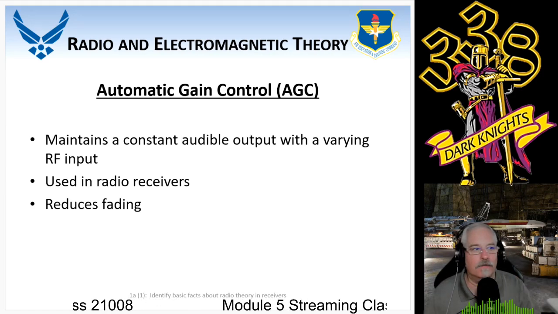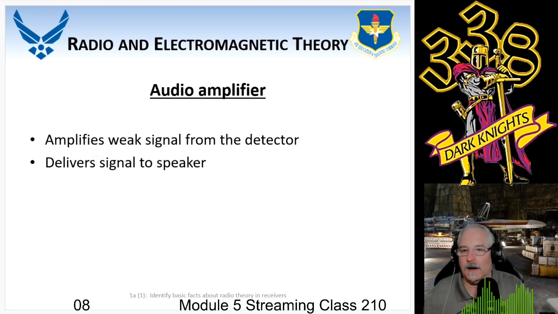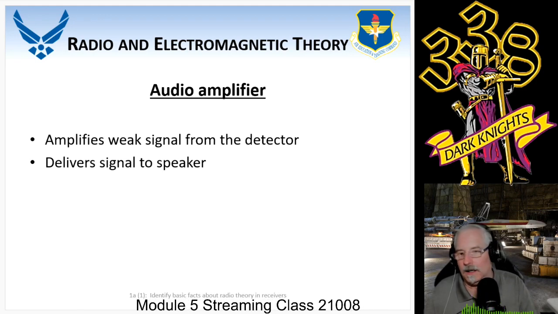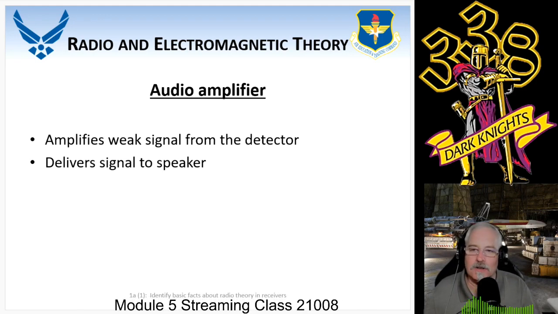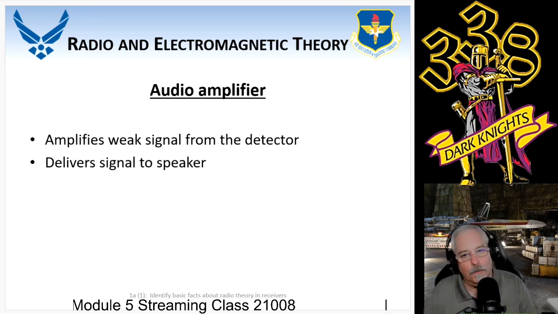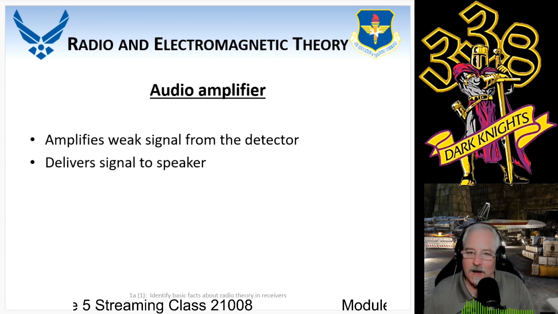Basically a hands-off thing. When we get to our audio amplifier, after we've pulled that signal off, just like with anything, anytime we manipulate the signal, especially when we break it down, we need to amplify it. Why? Because the speaker is not 50 ohms.